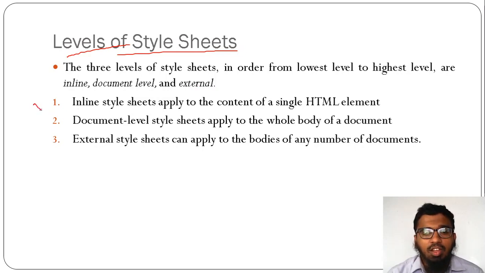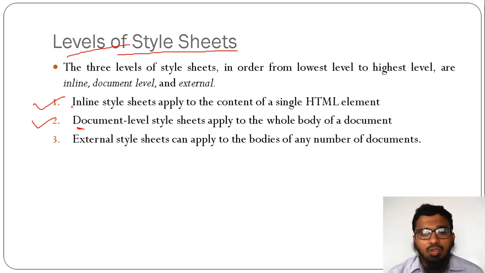That means if you write the code inline in the same HTML code, and again you have given some other code in the same document, the inline one will override it, and it will display this information.